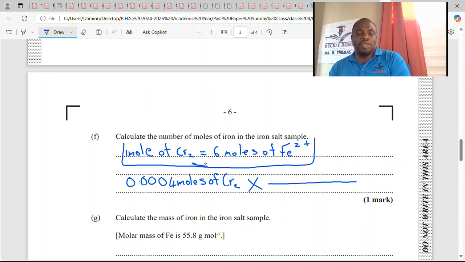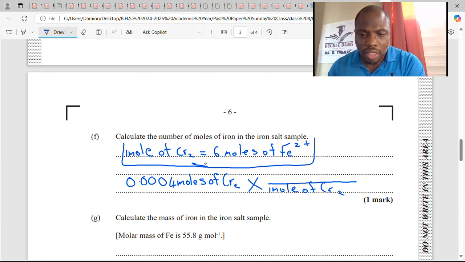Remember the ratio is 1 to 6. So every 1 mole of dichromate, you have 6 moles of iron 2, which technically means all you need to do is multiply whatever moles you got of the dichromate by 6. But just to show you, I would have 1 mole of dichromate at the bottom and the 6 moles of Fe2+.